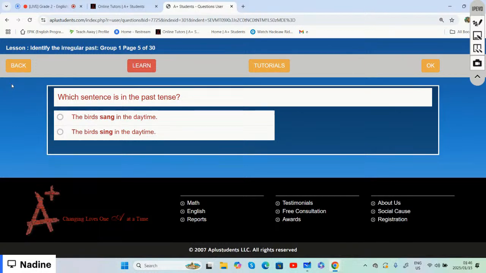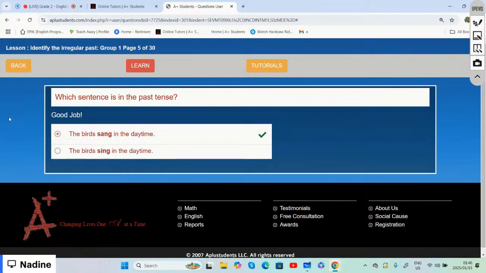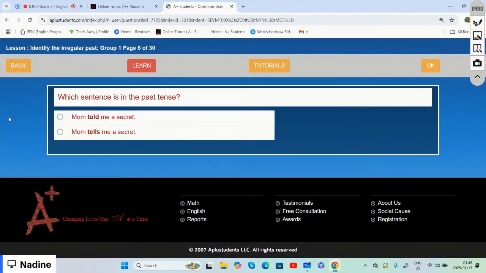So do we say the birds sang or the birds sing? Yes, and if we were to identify the past tense, then yes, we can say the birds sang, because singing is something that you do now, but in the past tense, they sang. Well done. All right, so this is now the end of our lesson on irregular past tense.